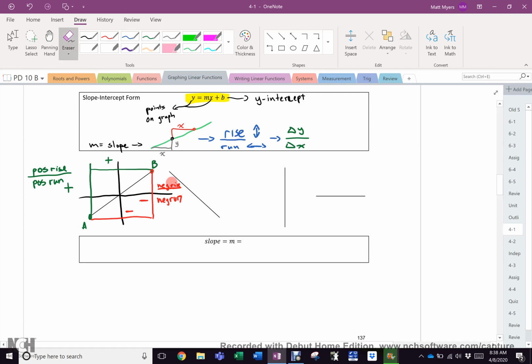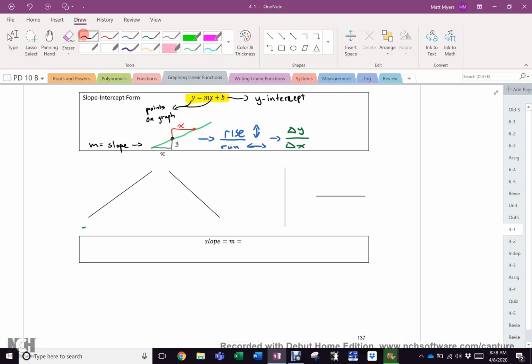So now, what does that mean is going to happen over here? Well, let's make it our line again. We'll have line A, line B. Now, if I want to get from B to A, I go up. That's positive. But then I go that way, which is negative.